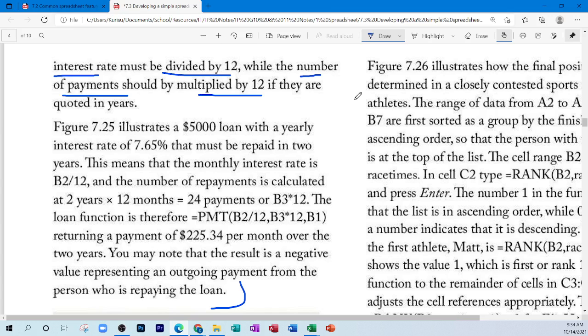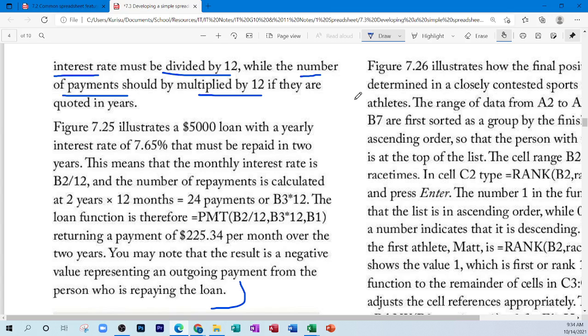The loan function is therefore equal to PMT, open brackets, B2 divided by 12, comma, B3 multiplied by 12, comma, B1, close bracket, returning a payment of $225.34 per month over 2 years. You may note that the result is a negative value, representing an outgoing payment for the person who is repaying the loan.